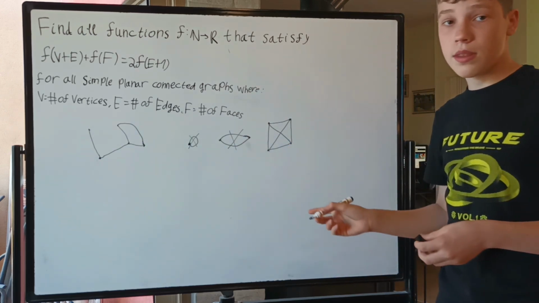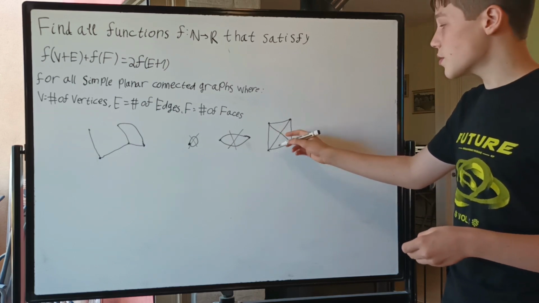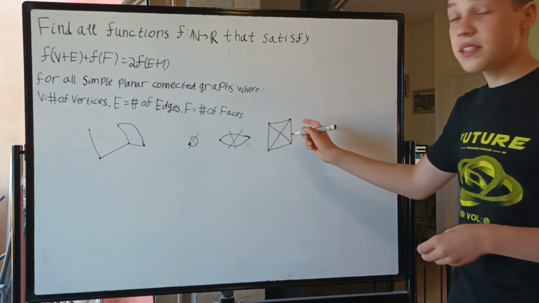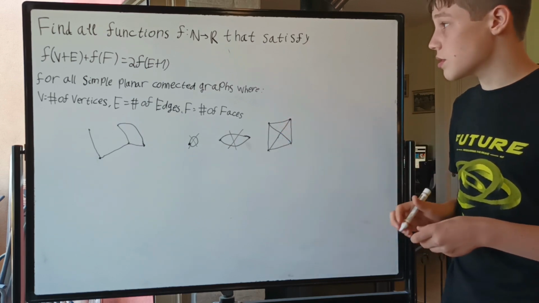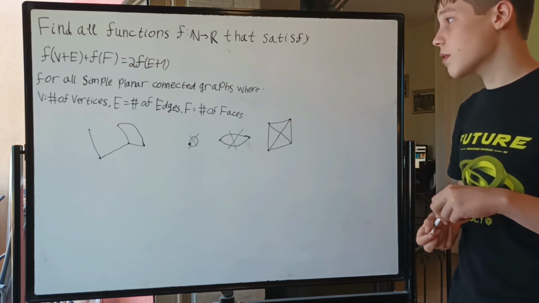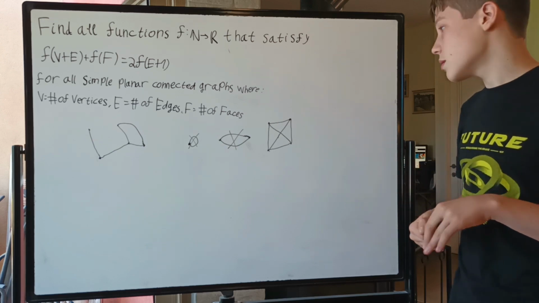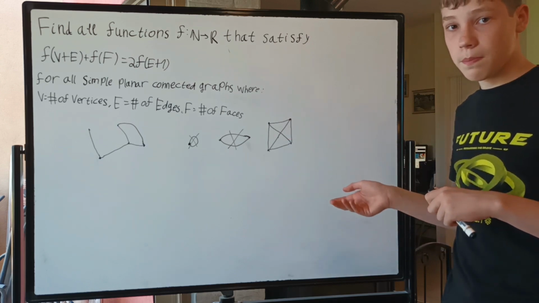Here, this is where there's a problem. This is not a vertex. This is just where 2 edges intersect. This is not a planar graph since we put it on a plane and 2 edges intersect. But it is, however, simple since any 2 points do still have one edge connecting straight between them.